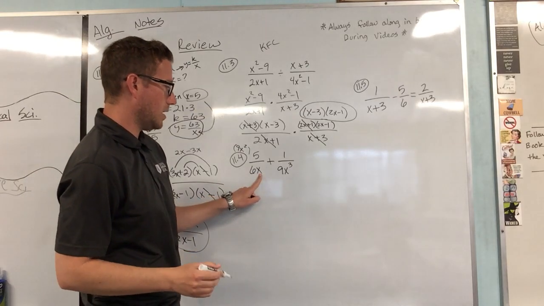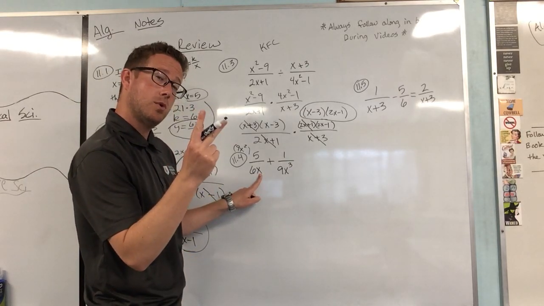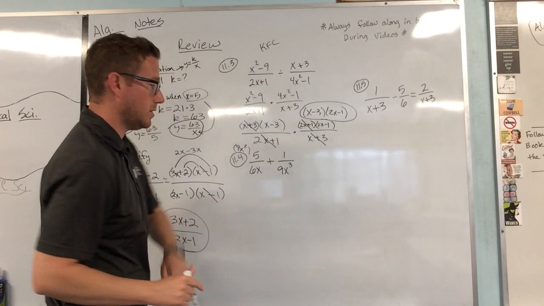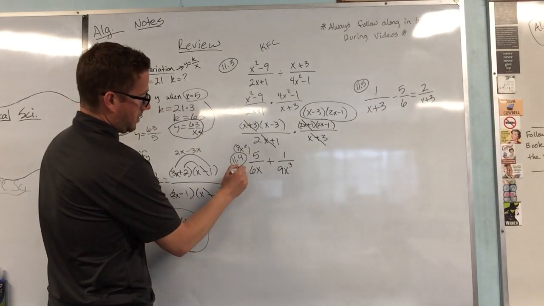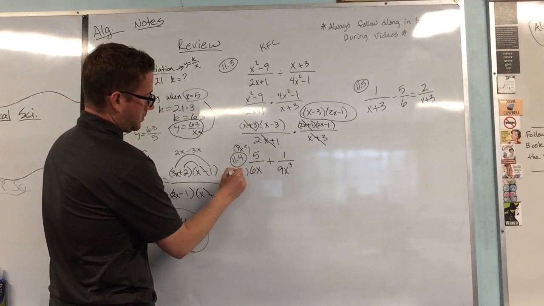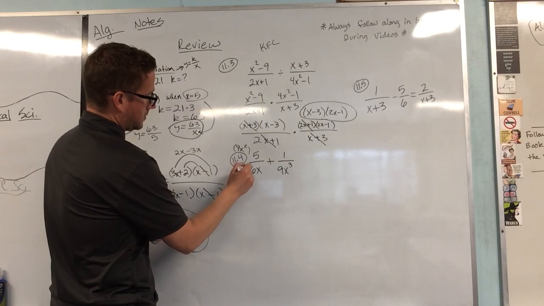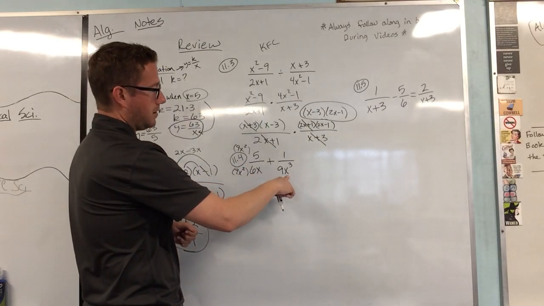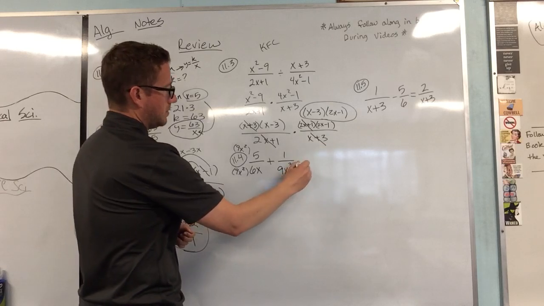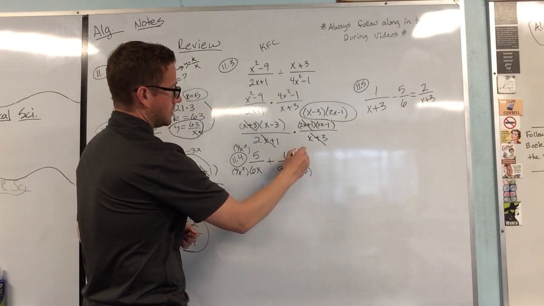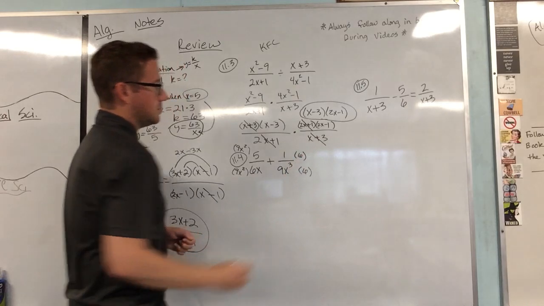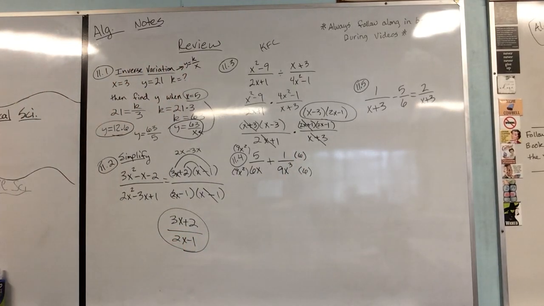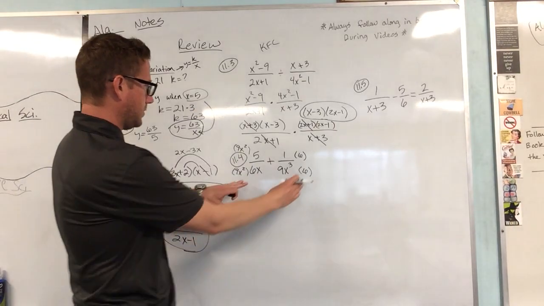Because I already have 1, and if I multiply it with 2 more, that's going to give me 3. So now down here, multiplied by a 9x squared. This one already has the x to the third power, but what are we missing? We need to multiply it by a 6.